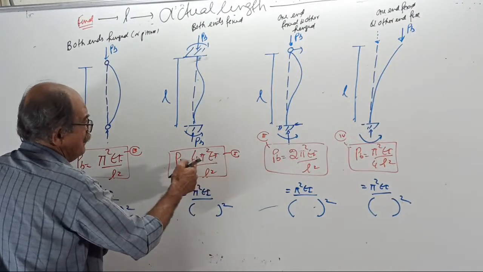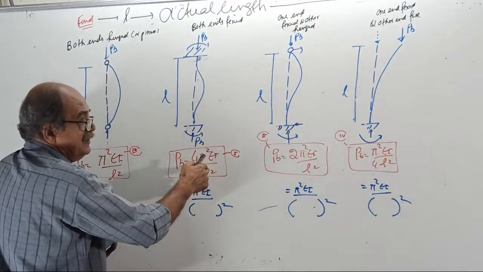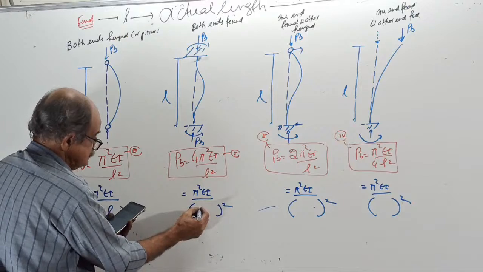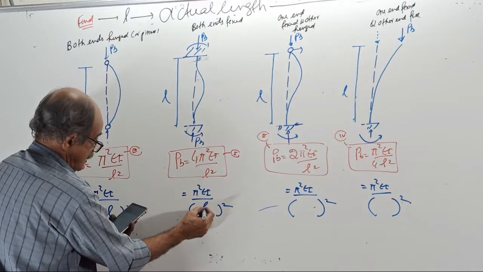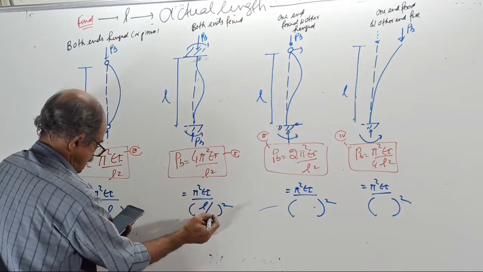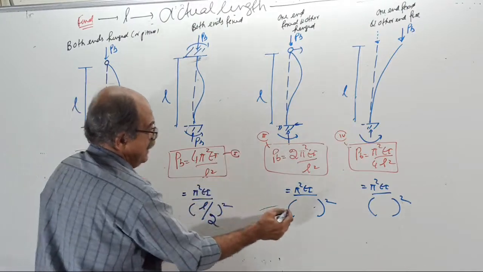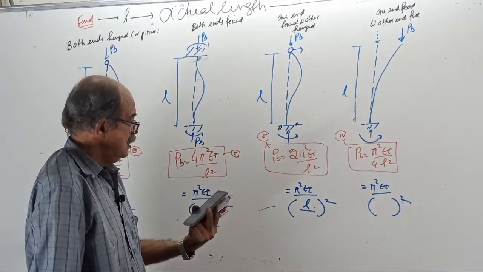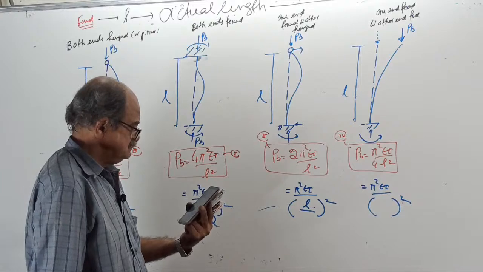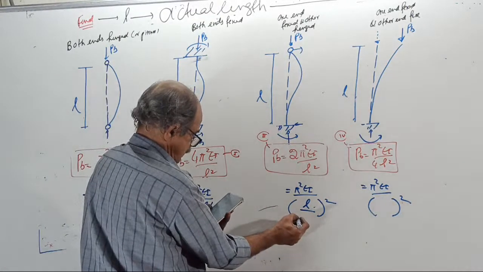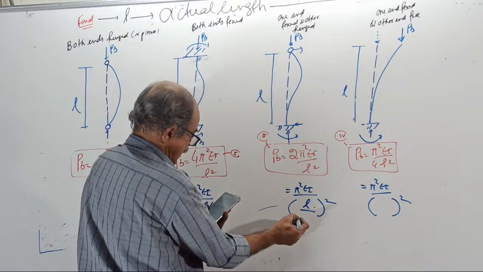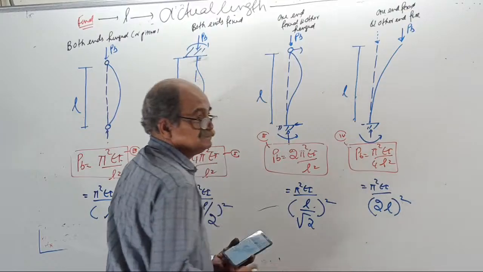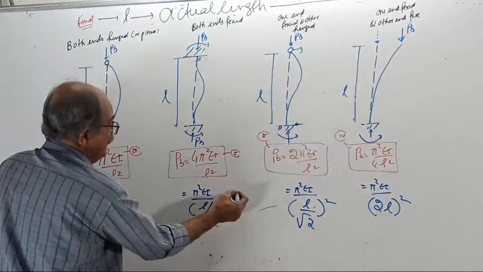Pi square EI by 4 will come to the denominator: L square by 4, answer. Next, L by 2. Next one, L by root 2. Here, 2L.